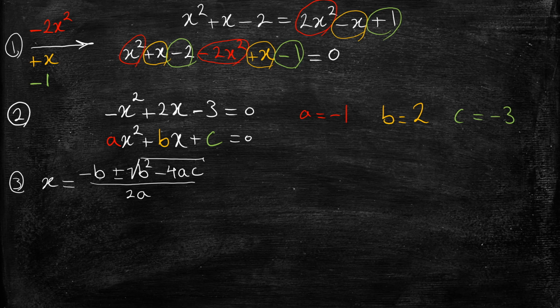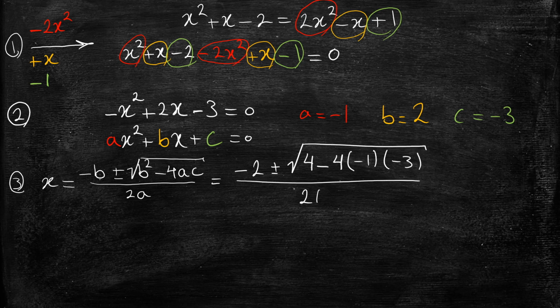Nice. Now we substitute them into the formula. So -b, -2, plus minus square root of b squared, 2 squared, 2 to the power of 2, that is 2 times 2, that's 4, minus 4 times a, which is -1, times c, which is -3, square root of that, over 2 times a, 2 times -1. Simplifying this, -2 plus minus 4 minus 4 times -1 times -3. -1 times -3, that's +3.